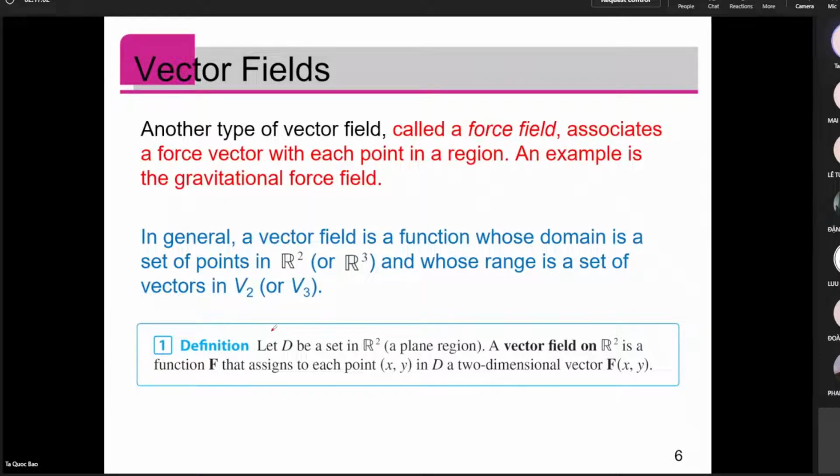In calculus 1, if we have a point x, you get a value f. Or you have a point (x, y) in the plane, and then you get the value f at (x, y).